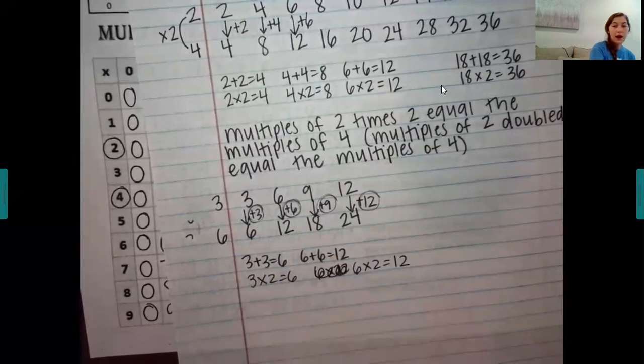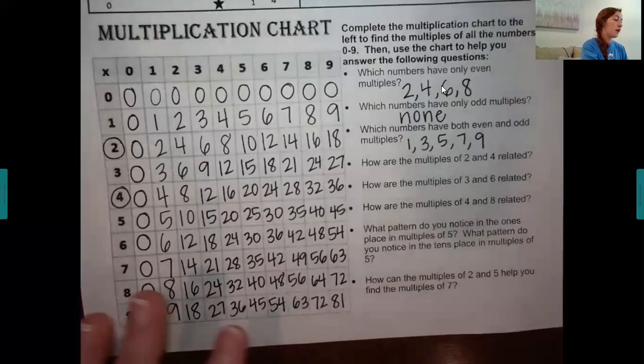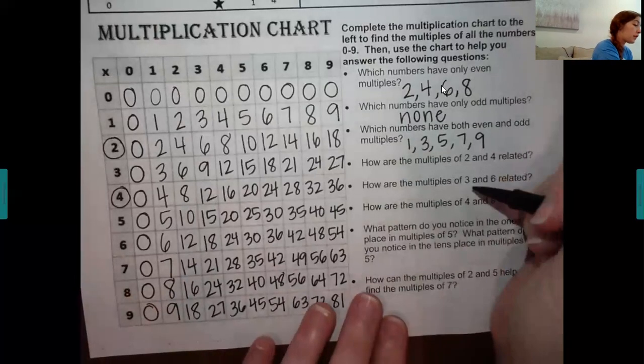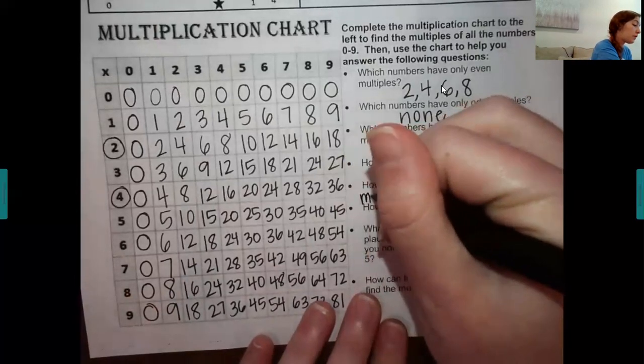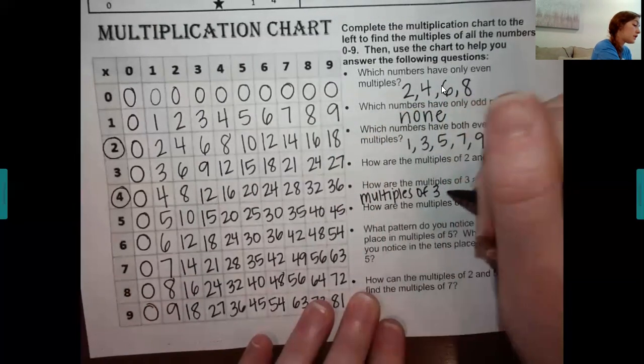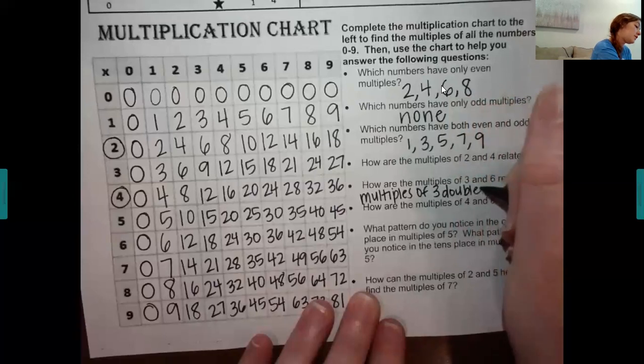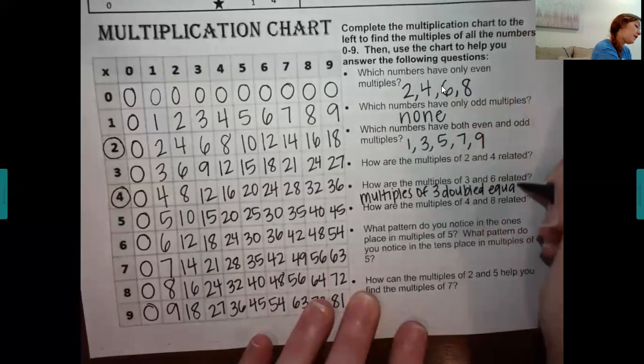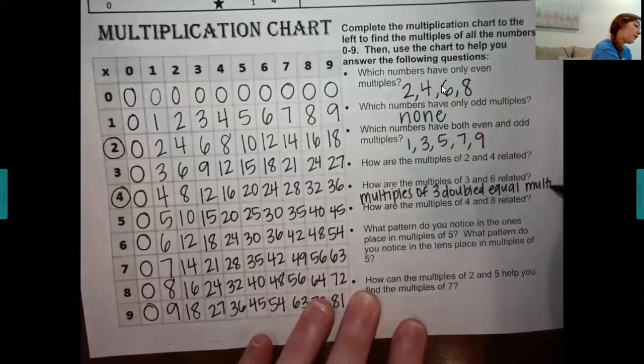So I have the same pattern. And so we see here that the multiples of 3 doubled equal the multiples of 6.